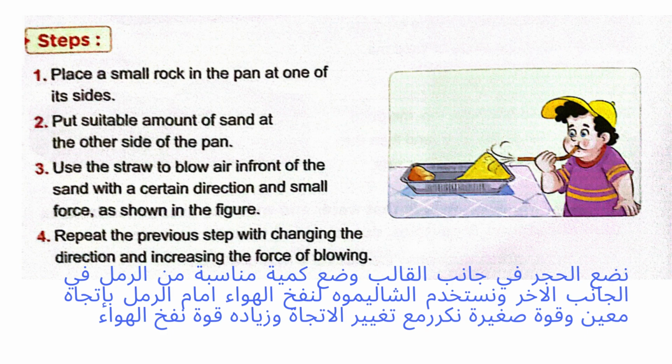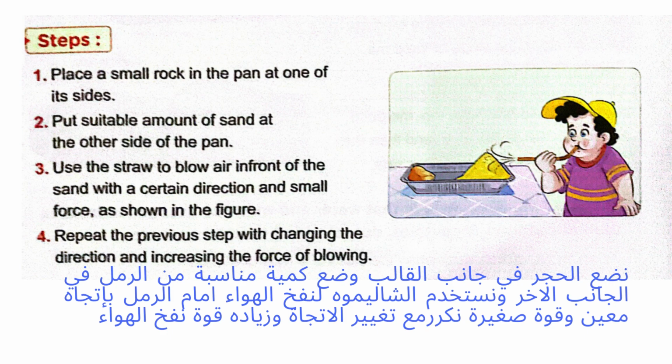One side has the rock and the other side has a small amount of sand. We will use the straw to blow air in front of the sand with a certain direction and small force. Then we repeat this step with changing the direction and increasing the force of blowing air.